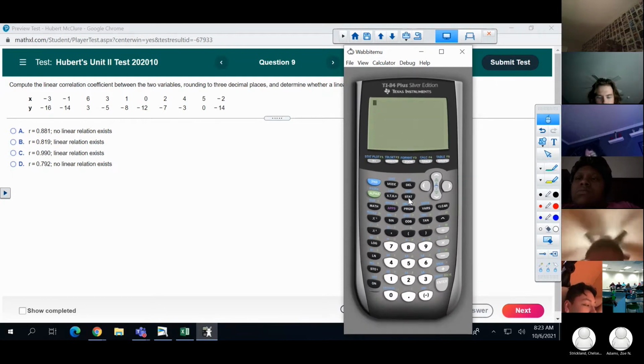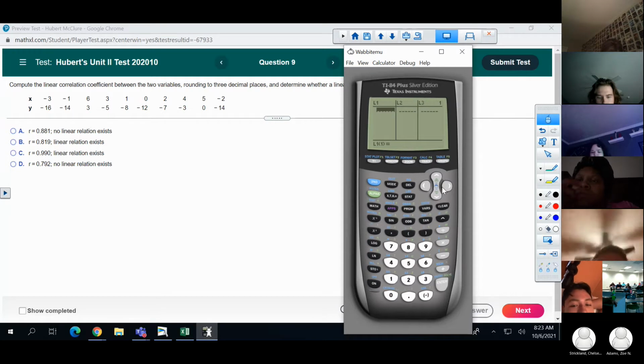All right, so stat, edit, and -3. And it's going to do that every single time because I can't use the keyboard. So I've got to type in -3. That's why it takes so long. I'm not going to do it. I'm going to let y'all do this one.